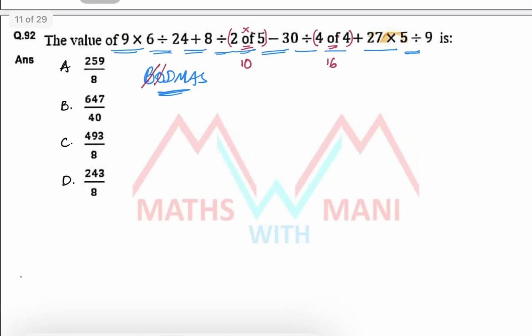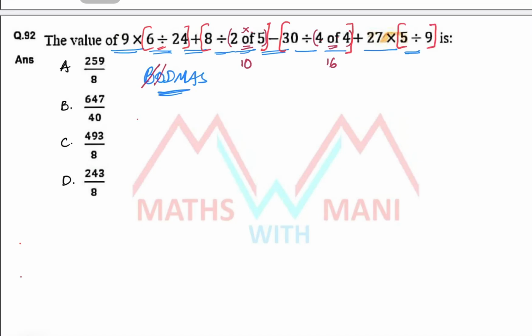Next, division. Wherever division is there, you have to put bracket on the left of the number and right of the division. So here is the division, so bracket, here also bracket. And here also division, so bracket and bracket. 30 divided by bracket and bracket 5 divided by 9.